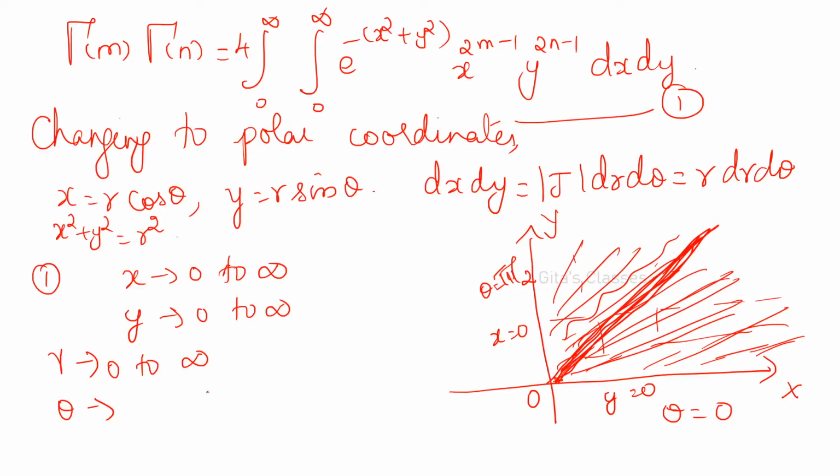Theta is equal to 0. So theta is equal to 0 and you have to rotate this from the initial line in the anti-clockwise direction up to the line theta is equal to pi by 2, to cover the region, okay? Therefore theta varies from 0 to pi by 2. These are the limits now, right? And now corresponding things you have to substitute.